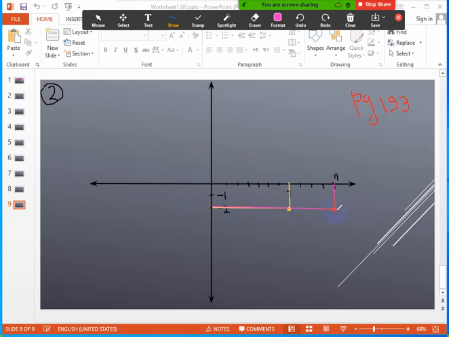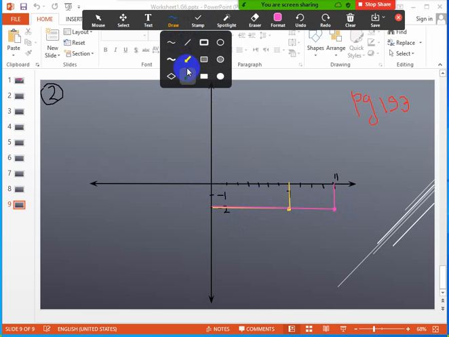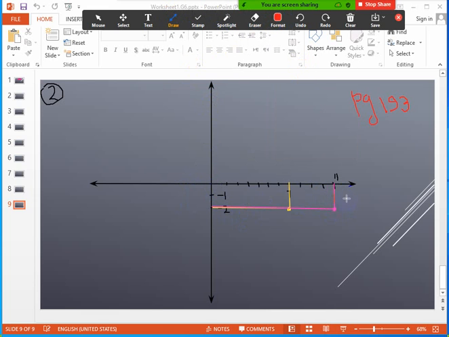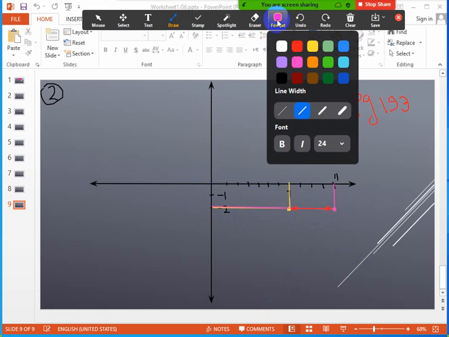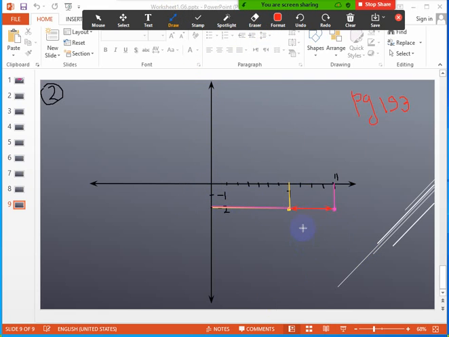Okay, now I want to find the distance between those two points. This is the distance. If I want to find it, I have to take the horizontal coordinate for those two points, that means the x coordinate.